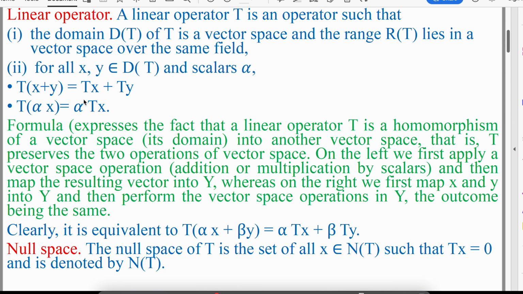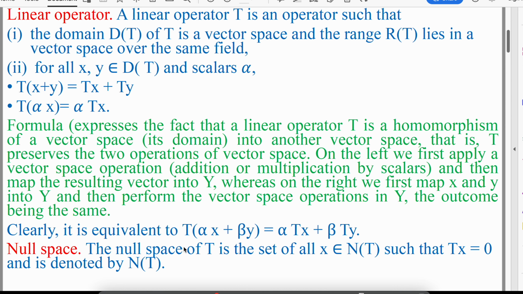So on the right side, first we map x and y into y and then perform the vector space operations, like here we did addition and here scalar multiplication, but the outcome is the same, and these two conditions are equivalent to a single condition, T of alpha x plus beta y equals alpha Tx plus beta Ty.